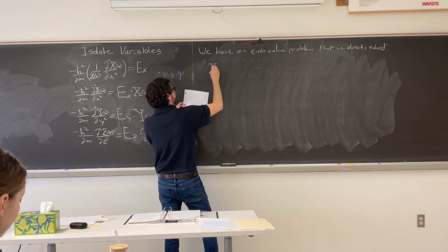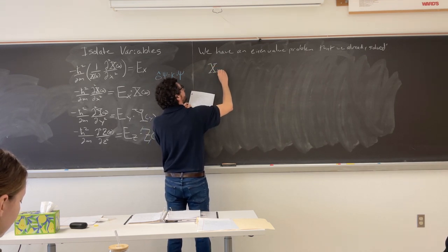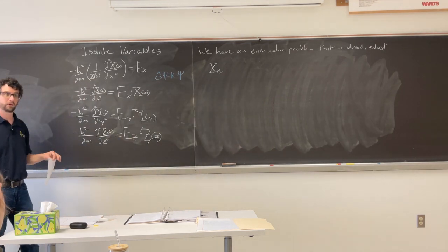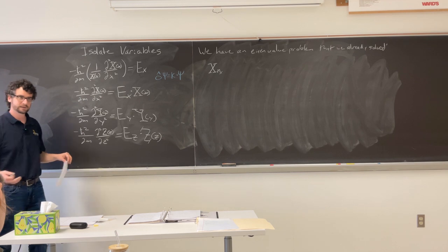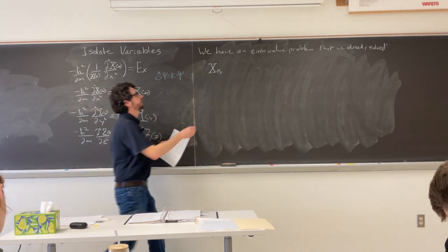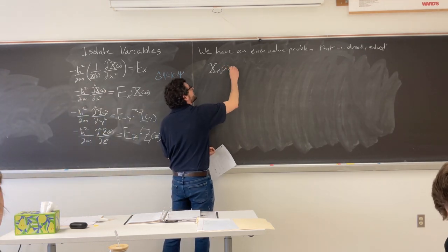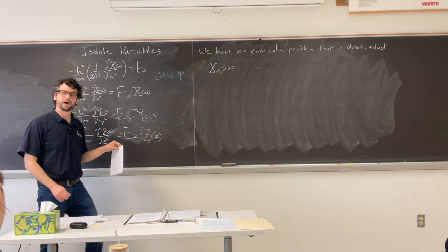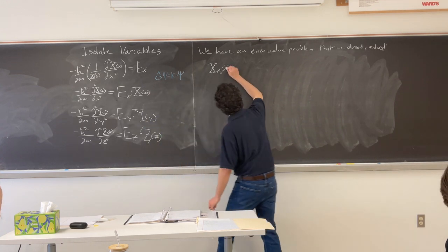We're going to have fancy x that depends on some principal quantum number, n sub x. So that's the energy level in the x direction. You can tell me what the rest of this looks like based upon the solution to particle in a box.